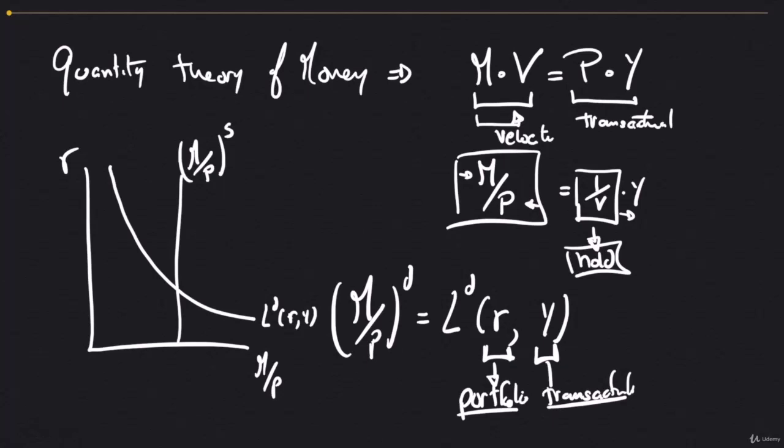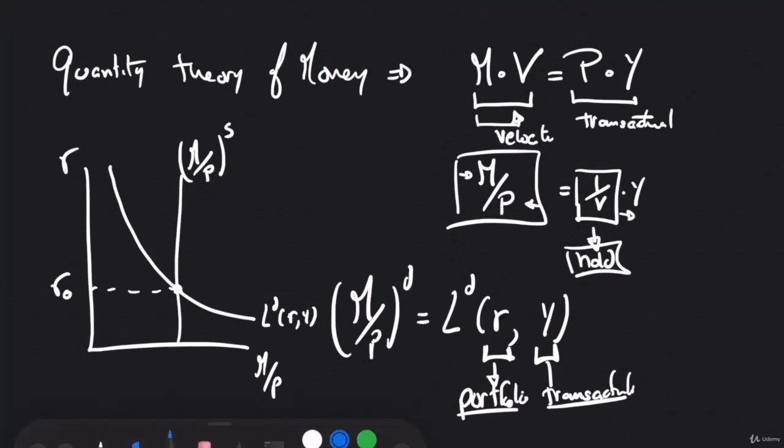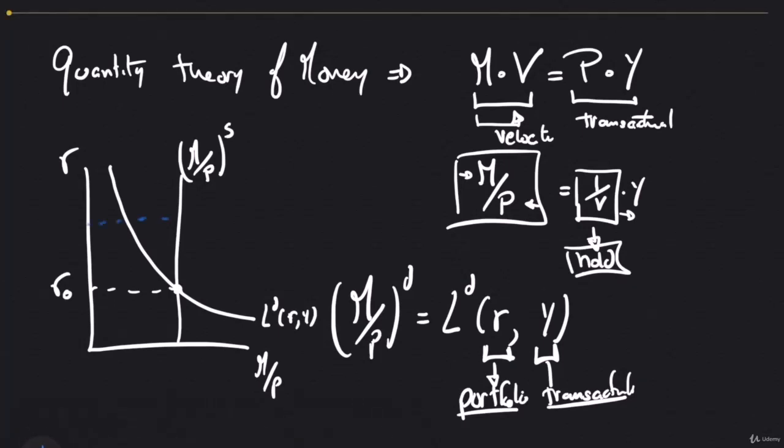And now we have a relationship which determines that given a certain level of real money supply, a certain interest rate, R0, is going to clear this market. And if the interest rate is different than that R0, let's say R1, well, there's going to be too much money in the economy relative to the demand for money.